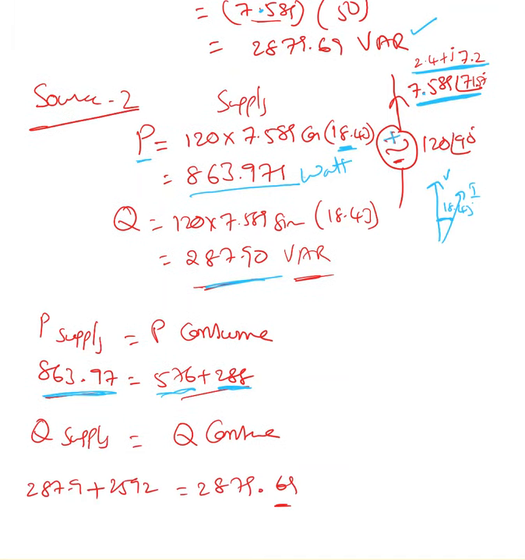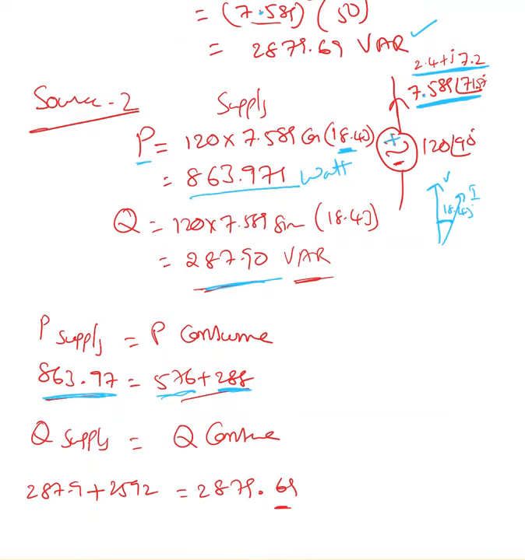And Q must be the same too. So the source 2 is supplying 287.9, as well as our capacitor is also supplying 2592. So altogether the inductor is consuming this much var. Our supply must be equal to the consumption. So this is how we find active, reactive and apparent power in a circuit. Thank you.